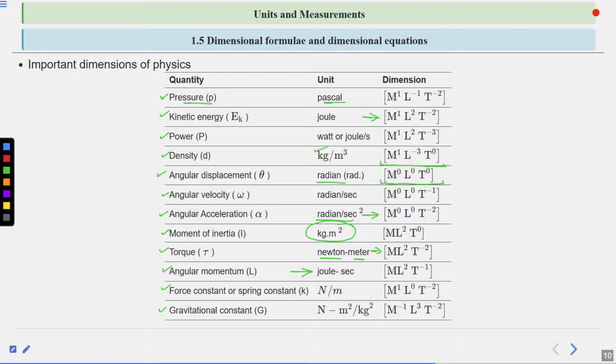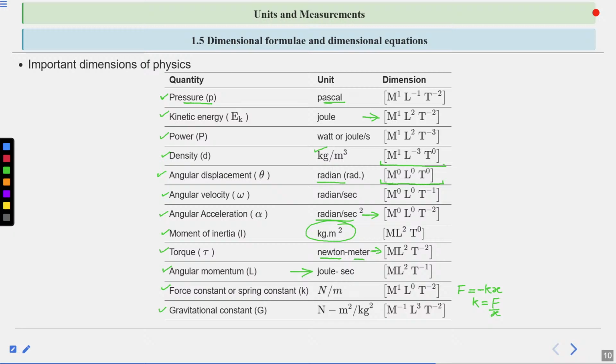Force constant or spring constant. The unit is Newton per meter. You know Hooke's law, F is equal to minus kx. Here k is the spring constant, so k is equal to F by x. From this formula, the dimensional formula is M L0 T raised to the power minus 2.